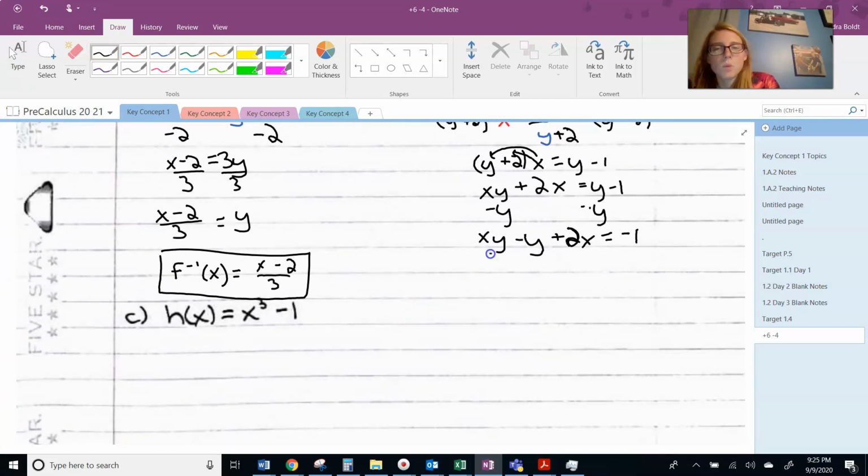Well, now again, I have xy minus y. This is 2x that does not have a y in it, so it has to move to the other side. So now I have xy minus y equals negative 2x minus 1. Again, we're going to take out this y. I'm not actually removing it though, so I don't have to do it to both sides.